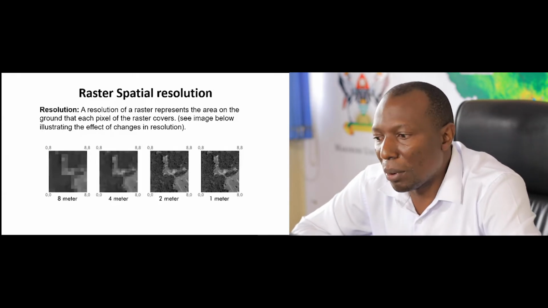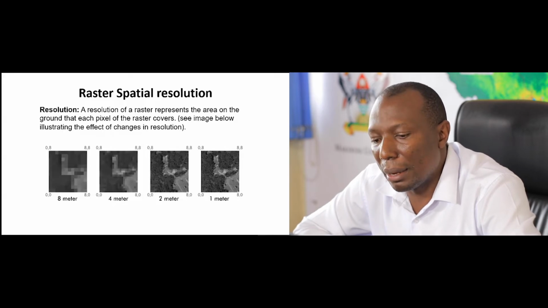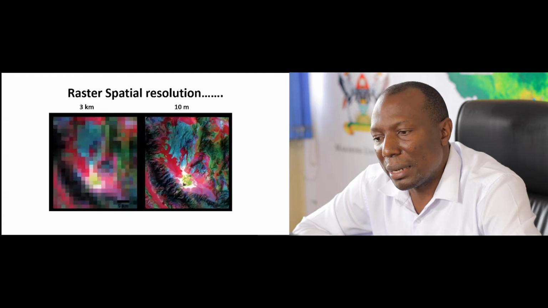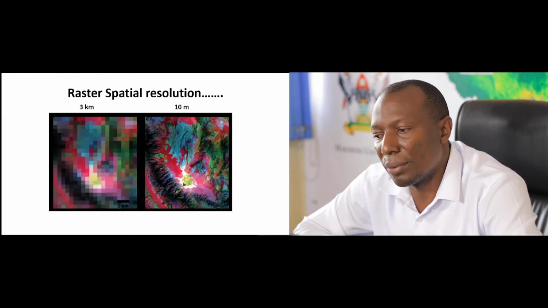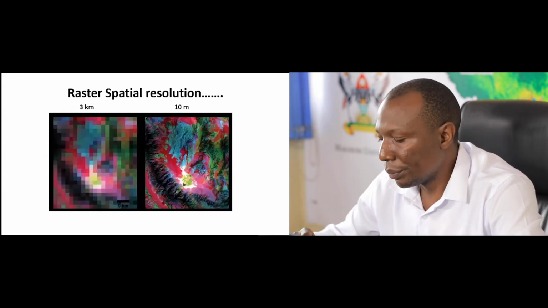Now, if you look at some of the satellites we have in space, they are designed to provide large-scale coverages of raster images, for instance, the models that we shall use. In terms of resolution, where you have 3 kilometer, 10 kilometer, you will see there are variations in the visibility of the elements within the image.